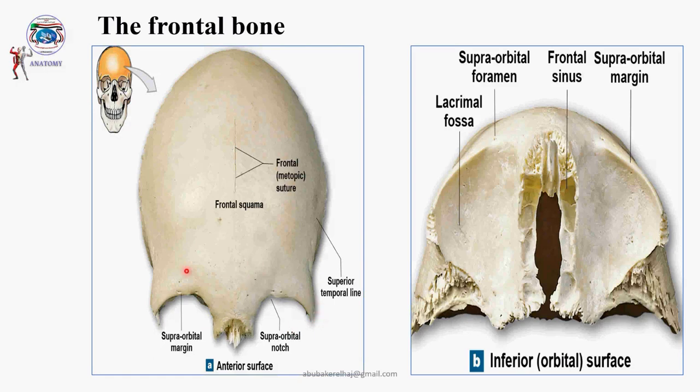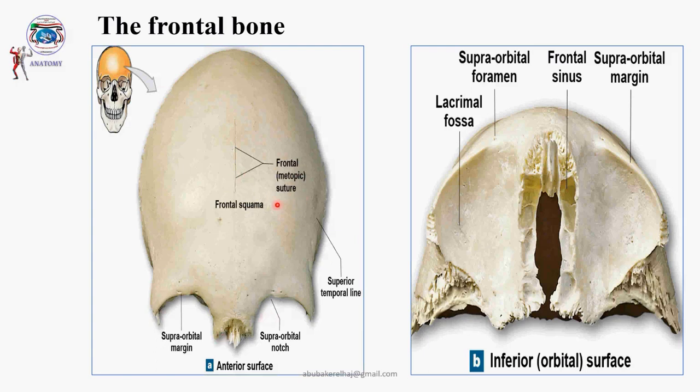On both sides we have projections which articulate with the zygomatic bone, so this is the zygomatic process of the frontal bone, along the lateral margin of the orbit, and it shares in the complete formation of the superior margin of the orbit, okay.